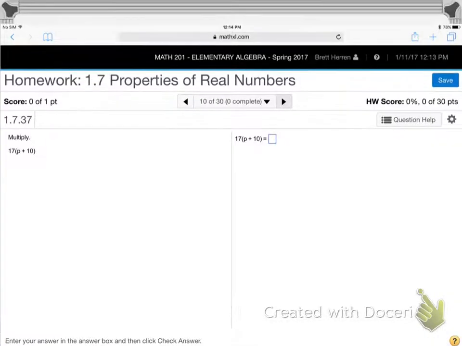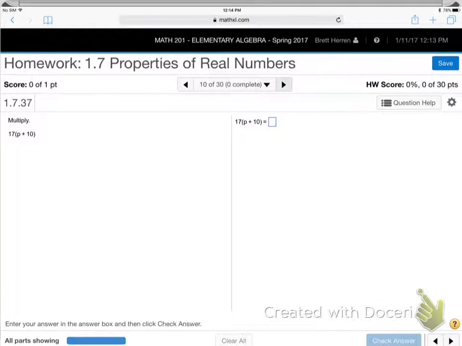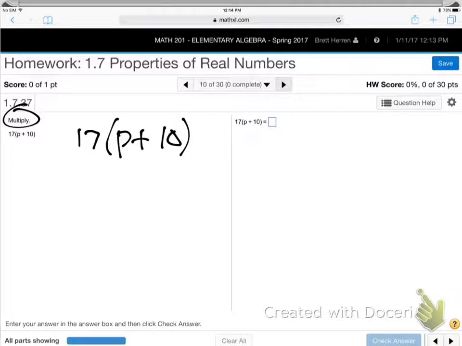Okay, so 17 times P plus 10, and they want me to multiply. So how do I multiply? What do they want me to do? They want me to take that 17 and go boom and boom to both those, right? Remember distribution? Whenever there's anything right in front of parentheses, it wants to multiply all the things inside the parentheses.